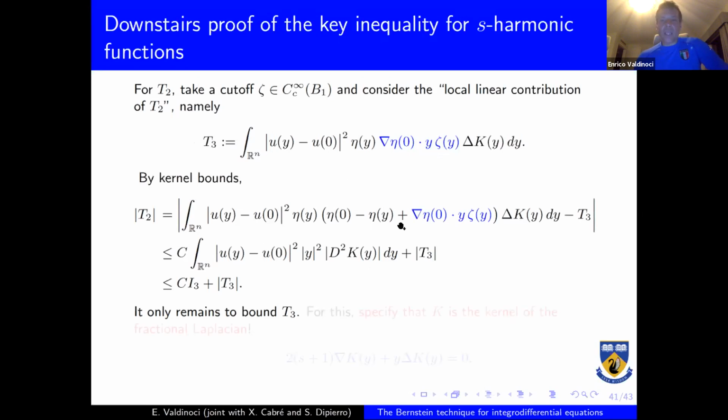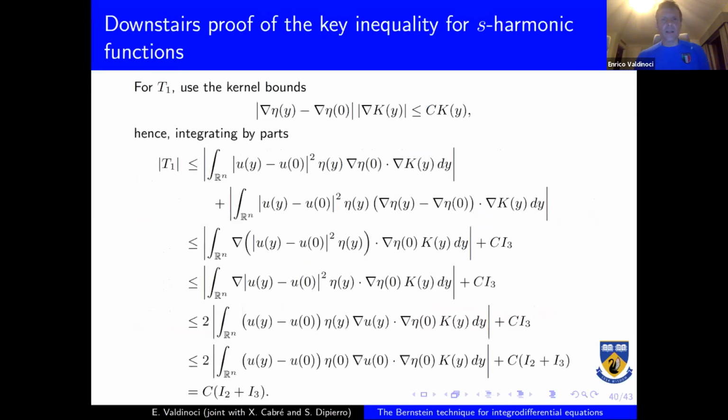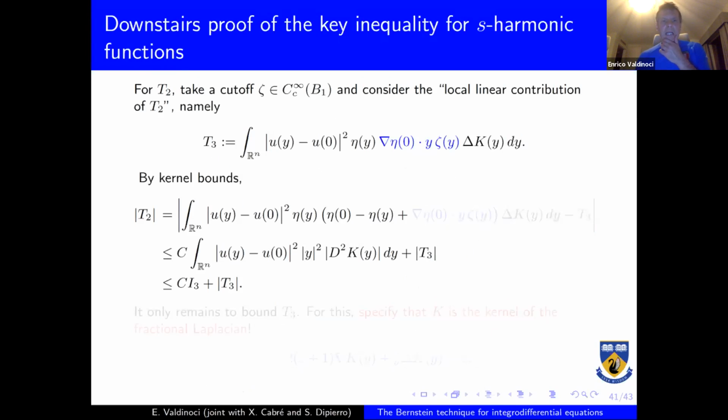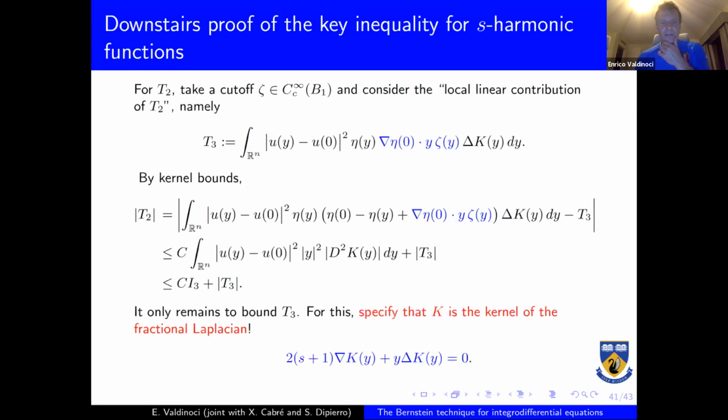Now, up to here, the computation is completely general. I didn't really use anything about this kernel, just that it was in the right class to estimate the first derivative. I don't think I even used the second derivative so far.